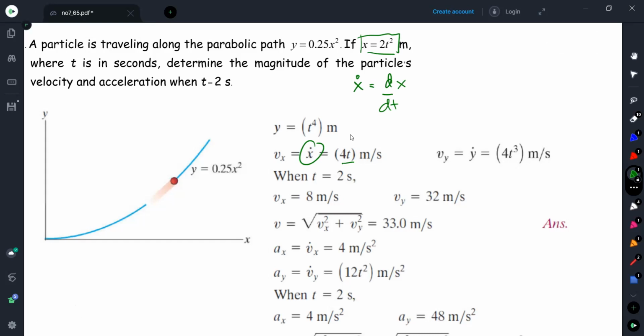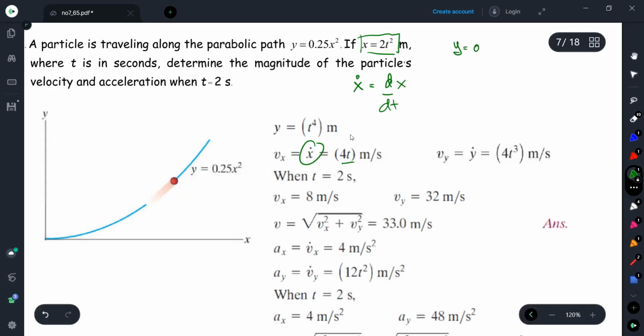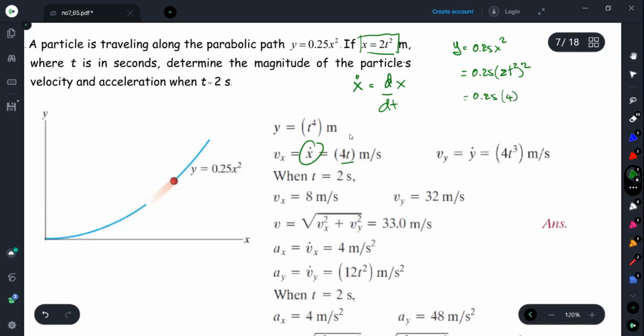But for y, what is vy? We know that y is equal to 0.25 x squared, but x is equal to 2t squared, so that becomes squared. This should be 0.25 times 4 times t to the power 4.